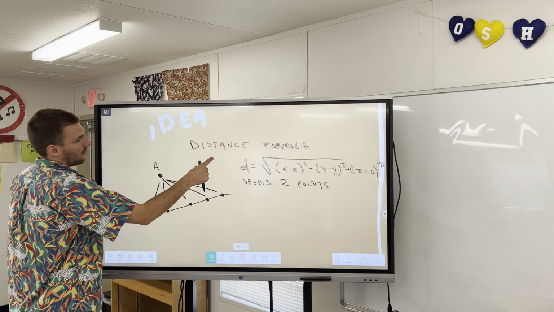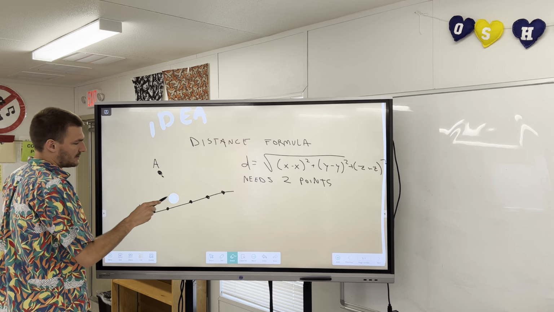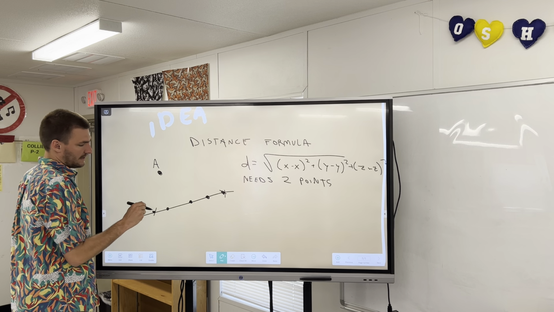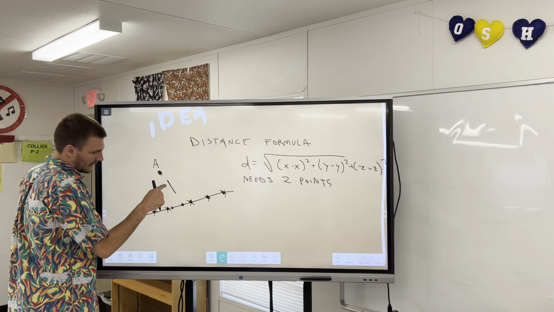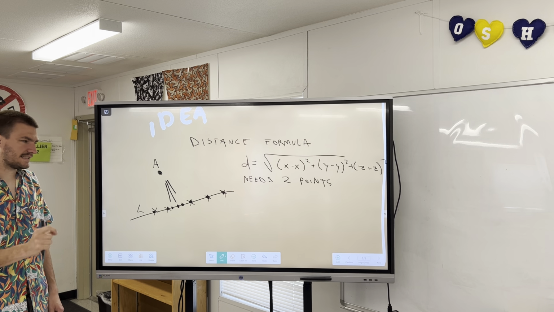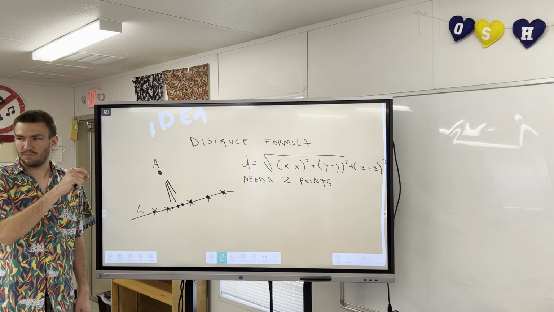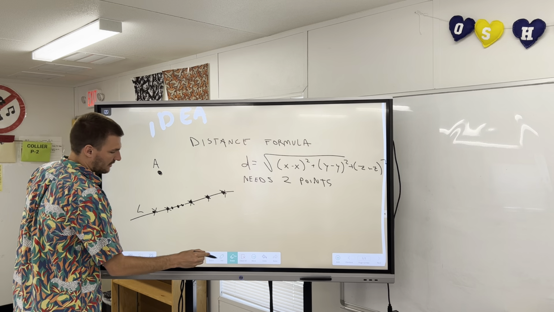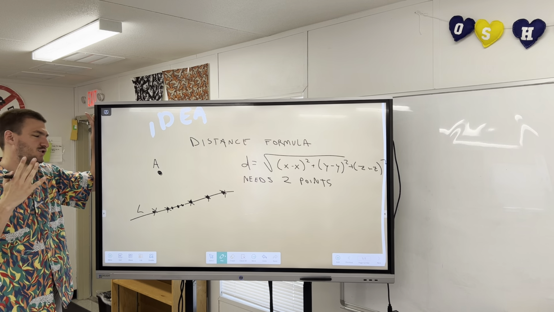So if we're looking for the shortest distance, just like Devin was saying, we're not going to be just randomly picking points. These ones that are far away are clearly going to be wrong. And as we get closer, it's going to be clear that the closest distance between the point and the line will travel perpendicular to the line. The shortest distance between A and L will be a perpendicular line. But again, the verbiage is still kind of struggling there.